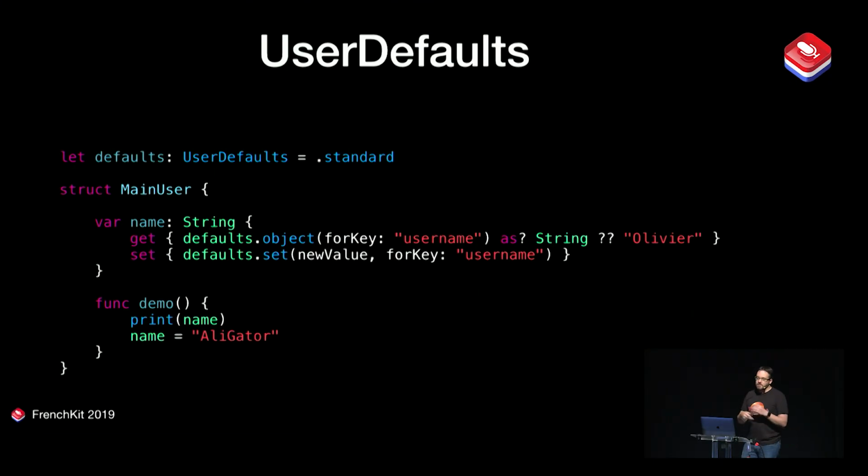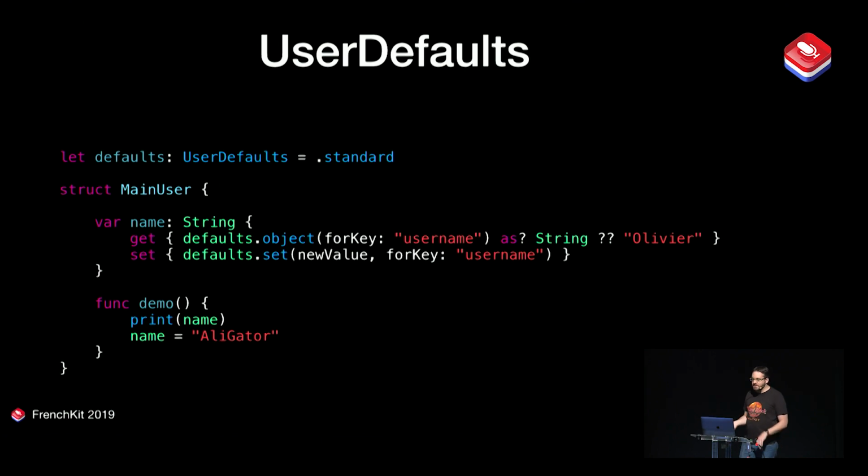But there are plenty of other use cases you can imagine, like wrapping user defaults. Some of you may be familiar with this kind of pattern, where you have a computed property that will wrap the access to a user default. So for example, when I want to access the username that is stored in my user defaults, instead of always calling explicitly object(forKey:) and set(_:forKey:), I have a computed property that does that for me.